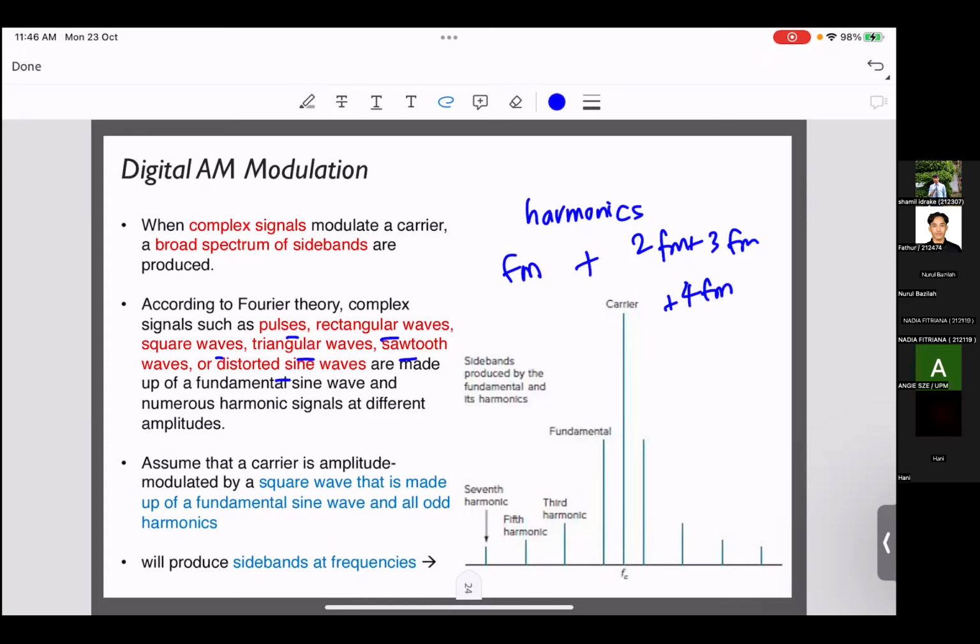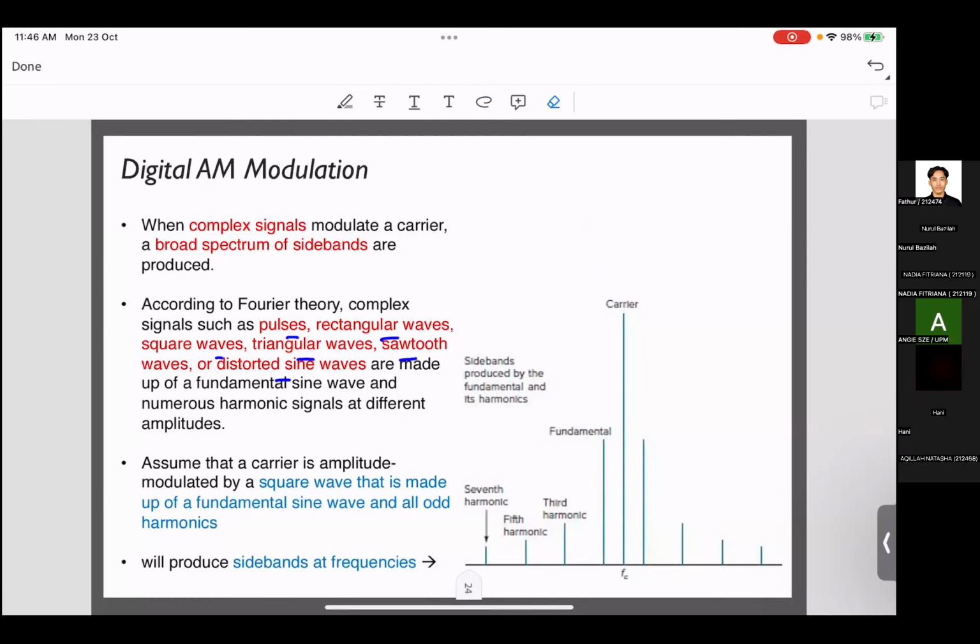When you have all of this together you get a really complex-looking waveform, but it's actually just composed of these components when you break it down. You don't have to memorize this. This is just an introduction. These are types of complex signals, and we will talk more on this.